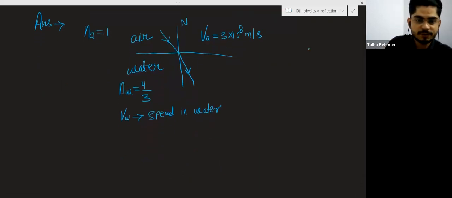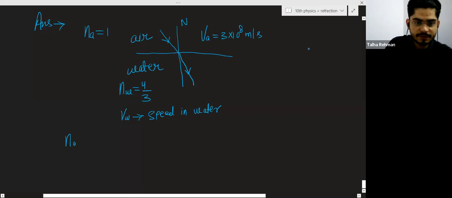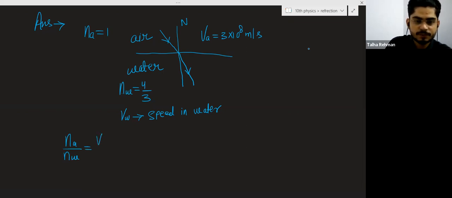So you will write the relation between the speed and the refractive index. Refractive index of air divided by refractive index of water is equal to speed of light in water divided by speed of light in air.